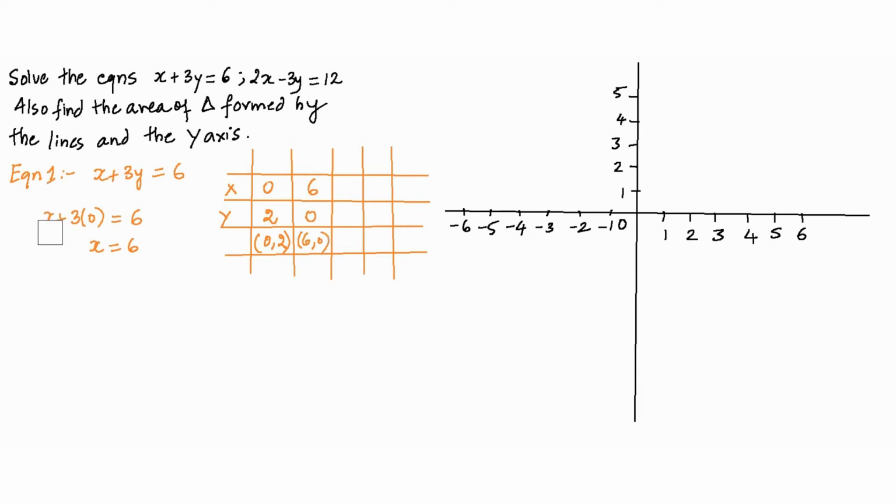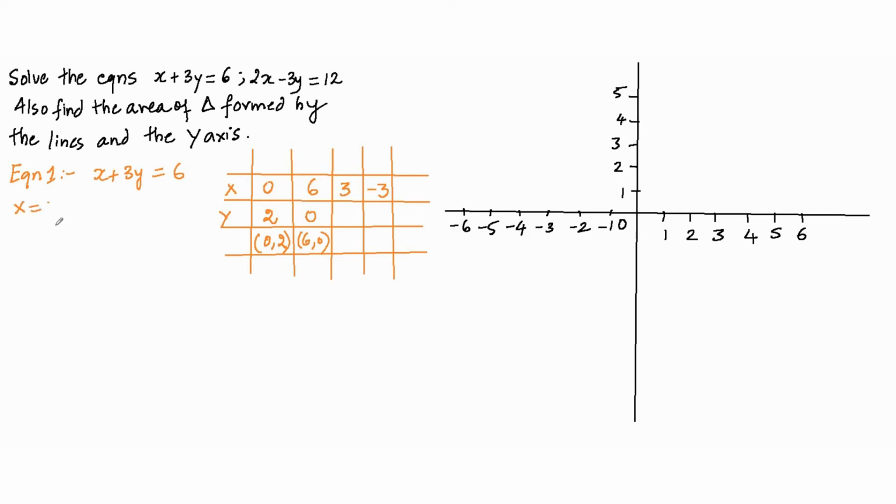Let us now apply the trick that we just learned. I am going to increase x by the coefficient of y. The coefficient of y is 3, so I am going to increase the value of x by 3. So 0 plus 3 is 3. Similarly, let me also decrease the value of x by 3 from 0, so 0 minus 3 is minus 3. So let me quickly find the values of y when x is 3 and minus 3.